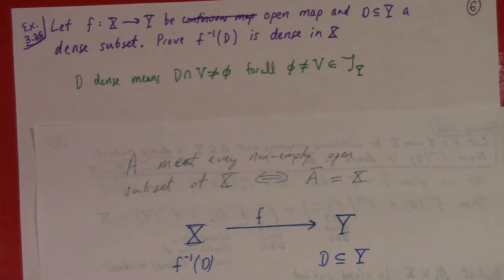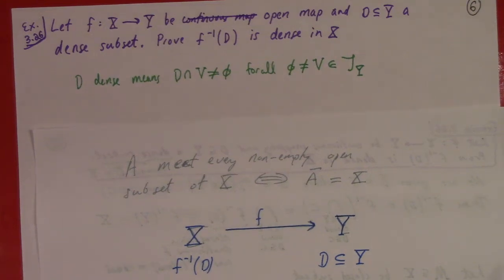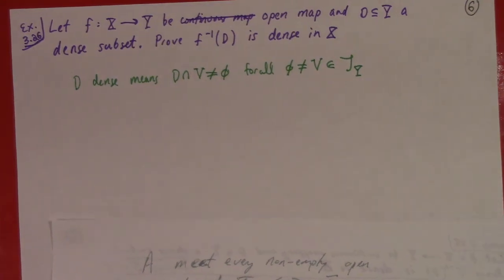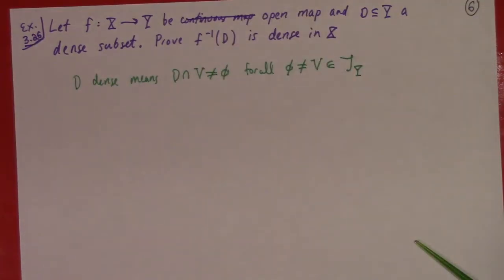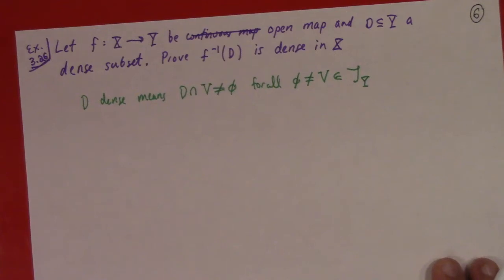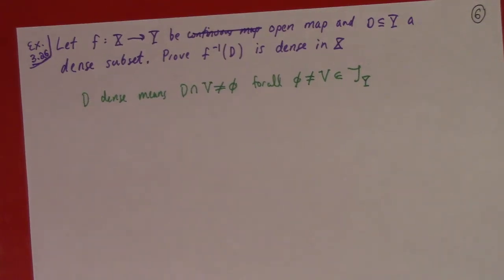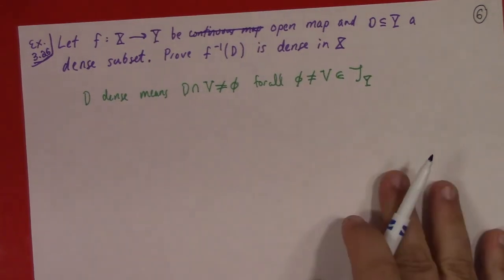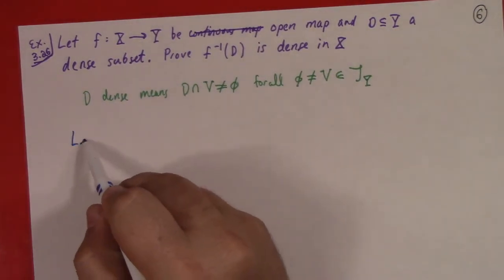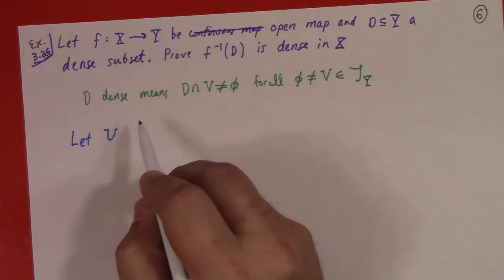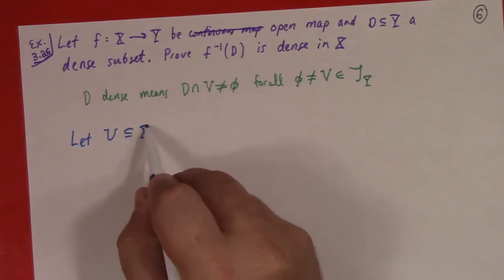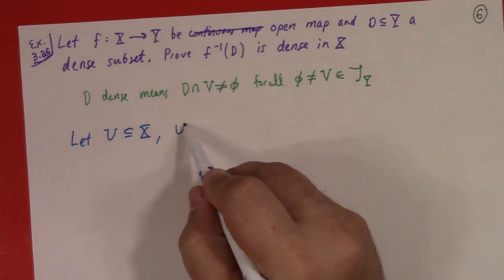So that's the first thing. And then I'll try to walk through my argument here and we'll see if it holds together, or we'll see if I've accidentally used continuity of F, because I think I was thinking you could, but I'm not sure I actually used it. Let's see. All right, so let U be a subset of X, and let U be non-empty.